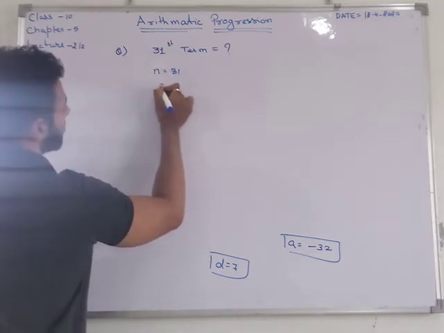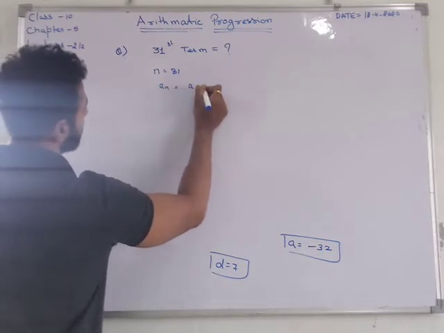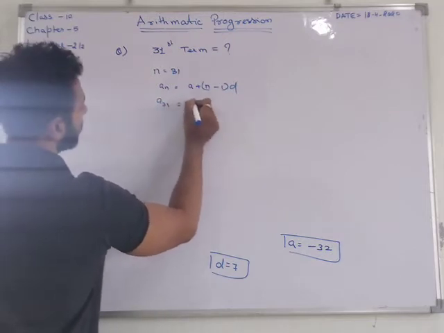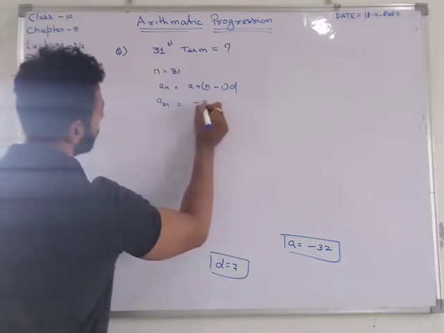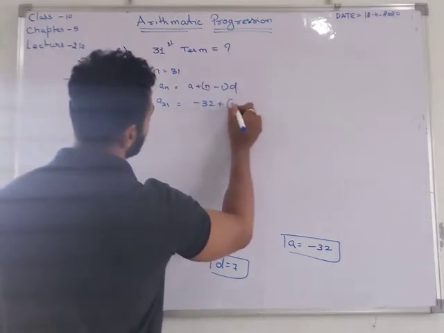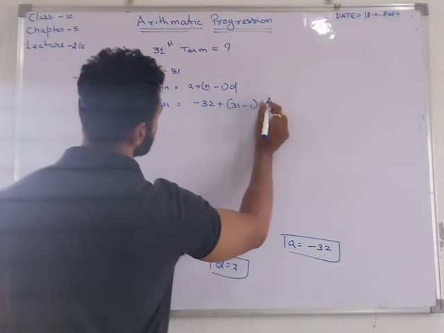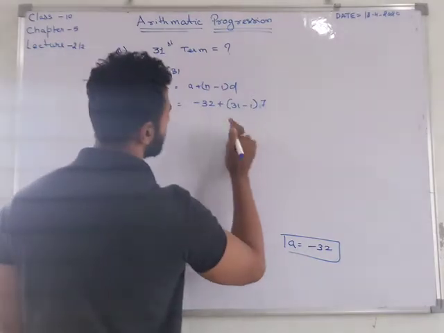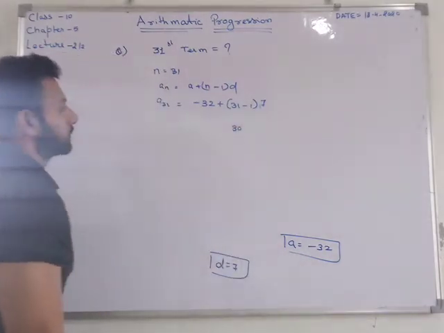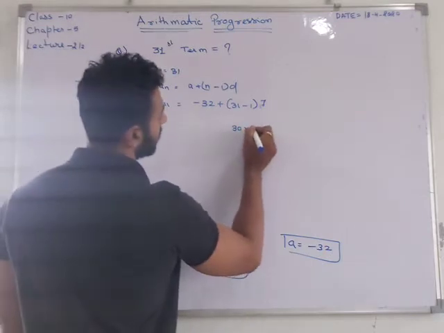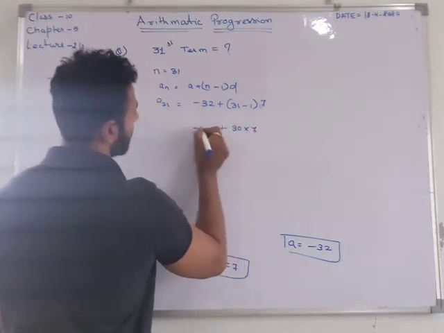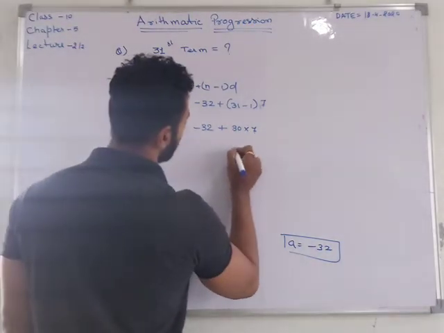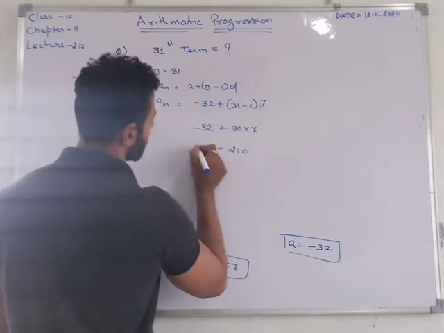Now the general equation is an is equal to a plus n minus 1 into d. a31 is equal to a, which is minus 32, plus (31 minus 1) into d, d is 7. Solving this, 31 minus 1 will be 30 into 7 plus minus 32. 7 threes are 21, so 210 plus minus 32.